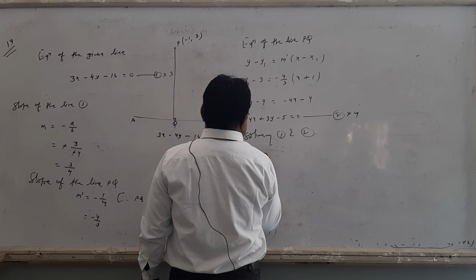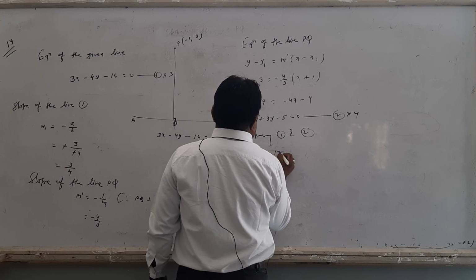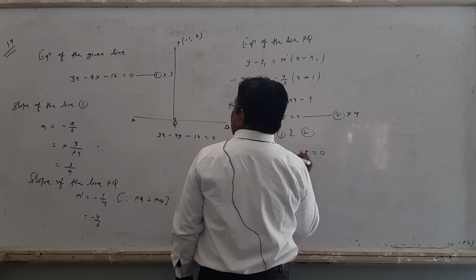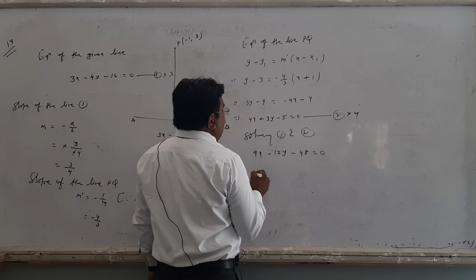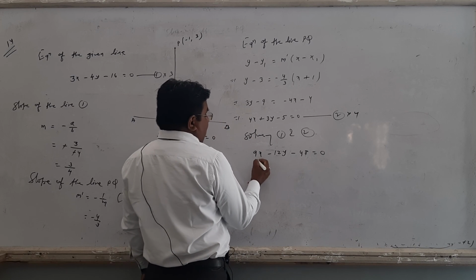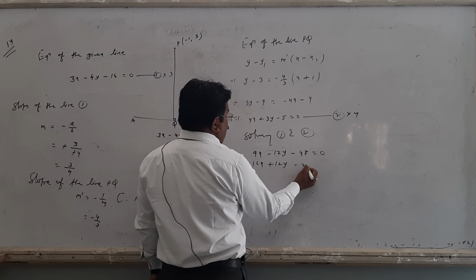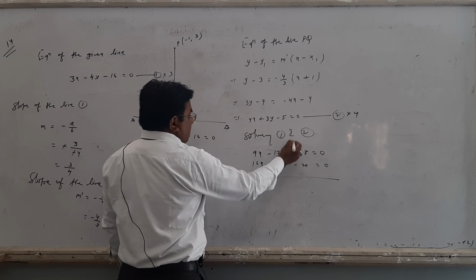Then 3 times 3 is 9x, 3 times 4 is 12y, and 16 times 3 is 48, equals 0. Now equation second multiplied by 4: 4 times 4 is 16x, 4 times 3 is 12y, and 4 times 5 is 20. Then solving, the y terms cancel.